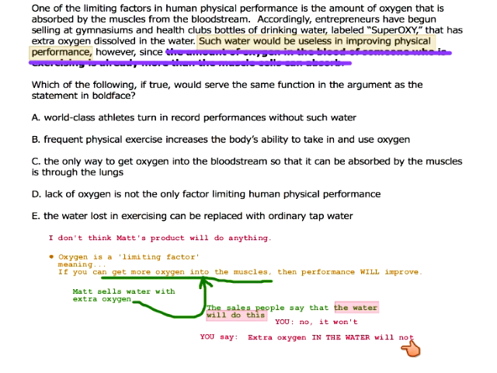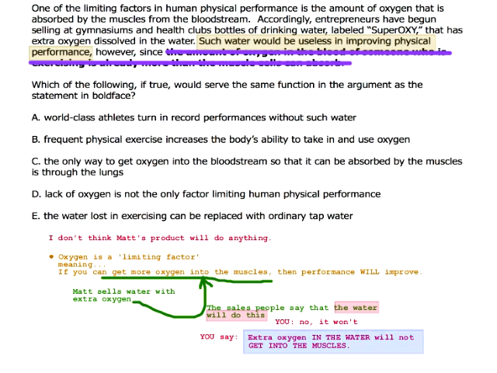More directly, though, ultimately where you're going with it is that it won't be absorbed by the muscle. Because if it gets into the muscles, there are no more bottlenecks. I mean, it will improve performance. So the crux of this whole thing is that the extra oxygen will not get into the muscles for whatever reason. So you need a reason why it's not going to do that.